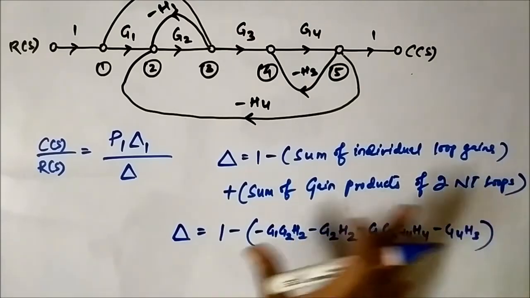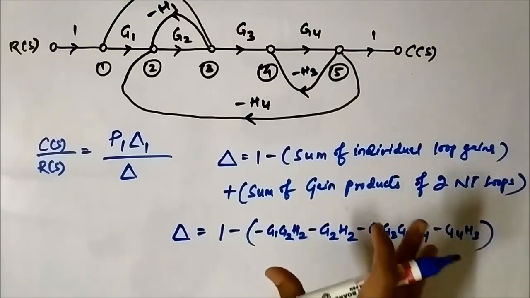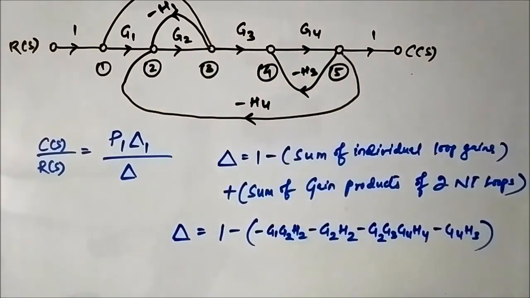These are the loop gains of the four loops that the signal flow graph has.